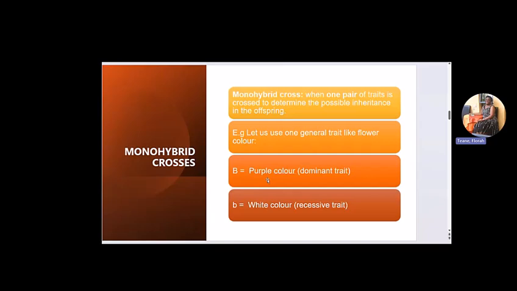So we are going to use here one trait, which is the purple color, a plant having purple flowers, which is dominant over another plant having white flowers. Right?